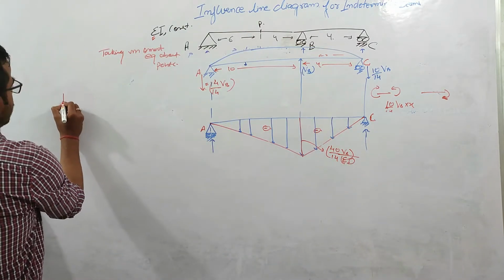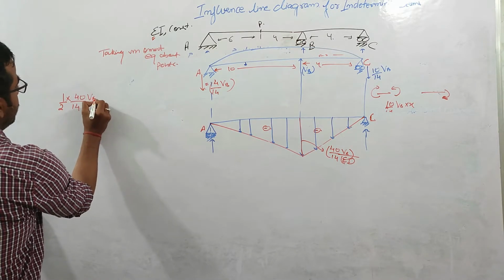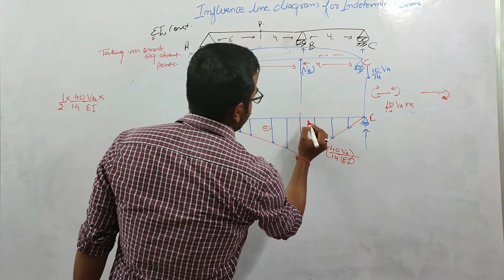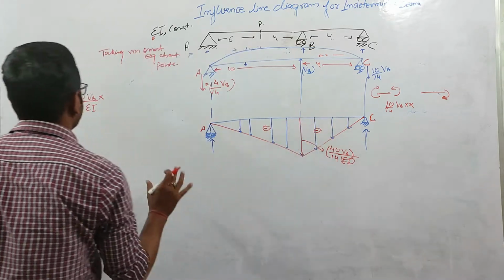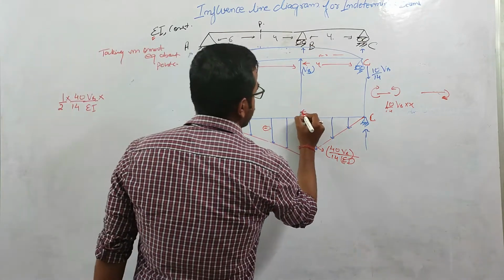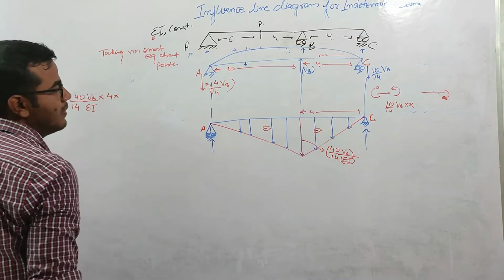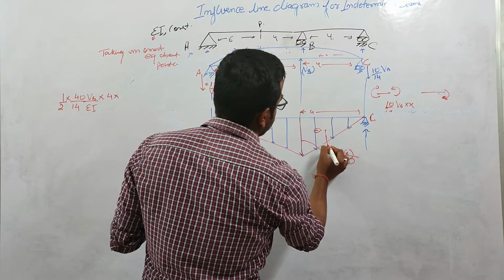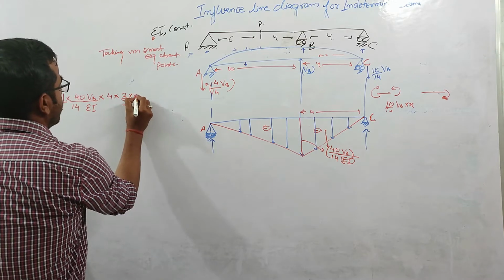So I can write half into 40 by 14 VB over EI into the total load, which is the area of this curve. So half into 40 into VB, into this distance of 4 meter, into where the resultant of this load will act, which will be at a 2 by 3 distance of 4 meter.